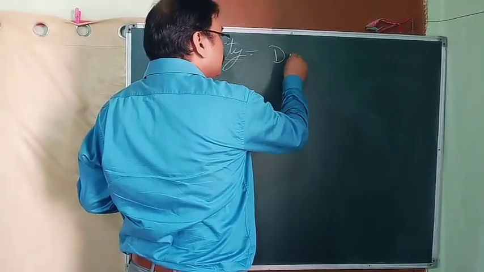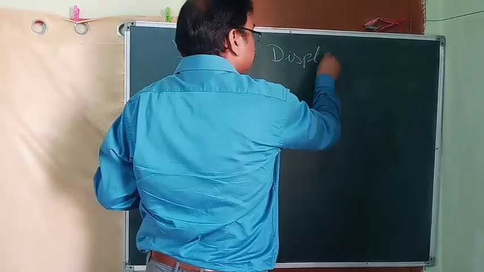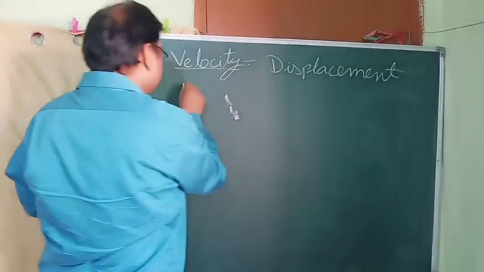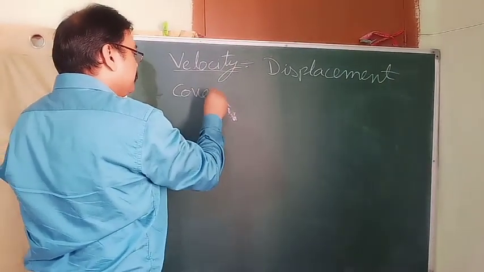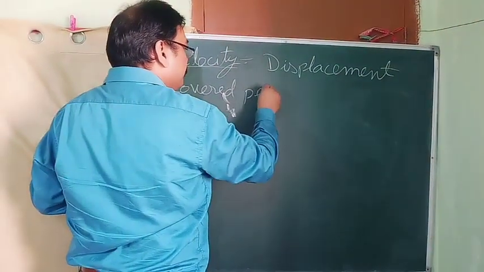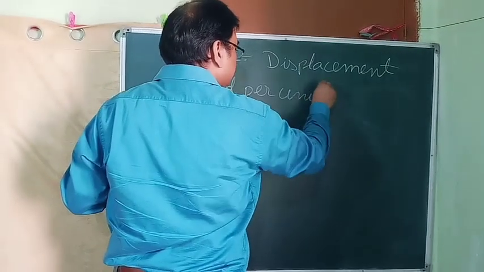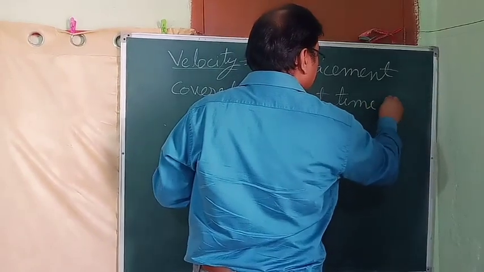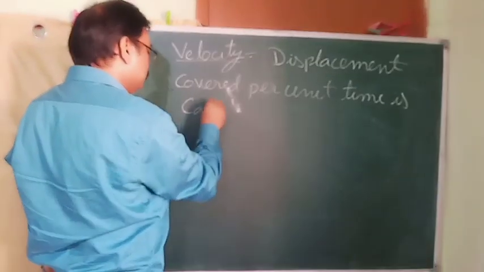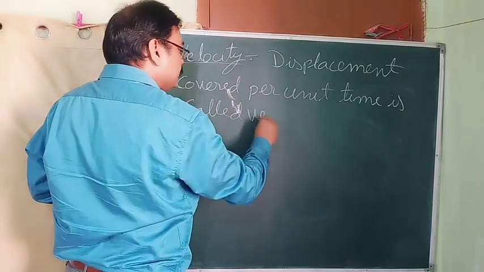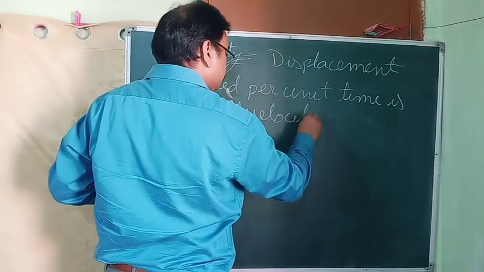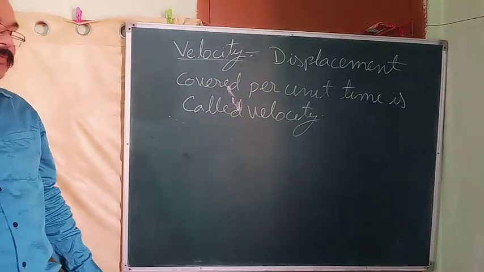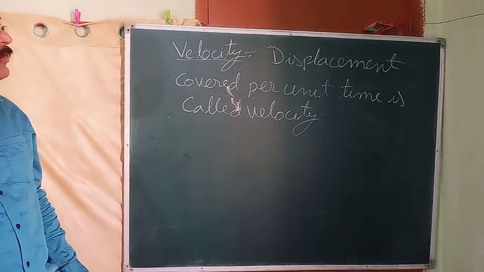That is, displacement covered per unit time is called velocity. Okay. Now, what is displacement covered per unit time is called velocity.